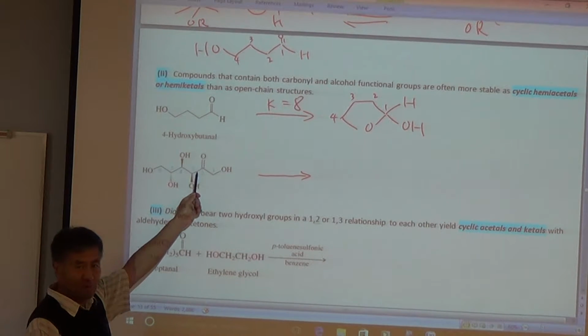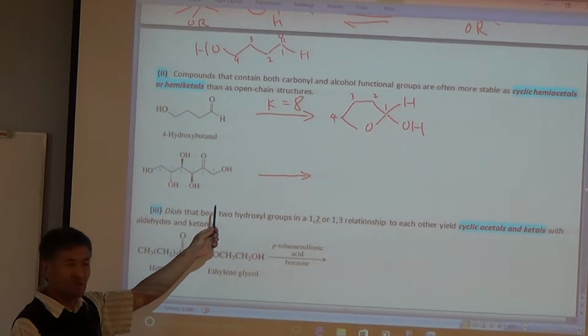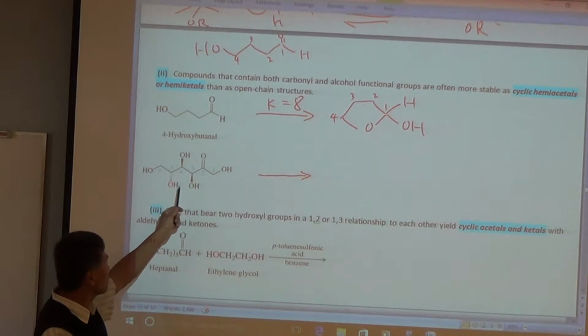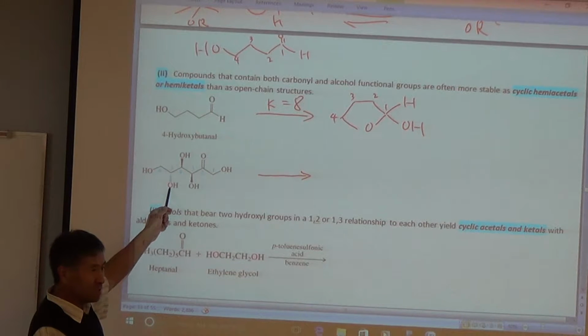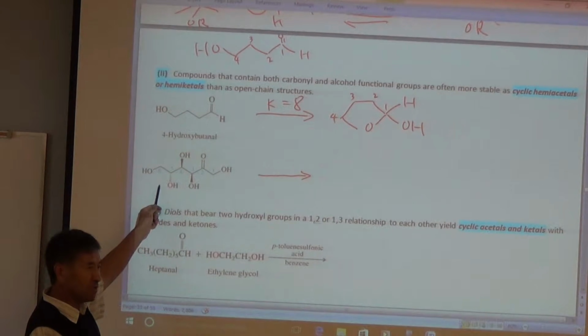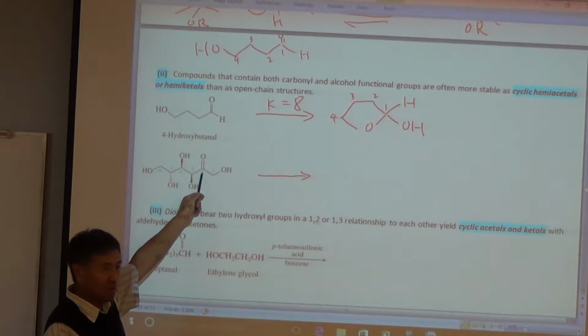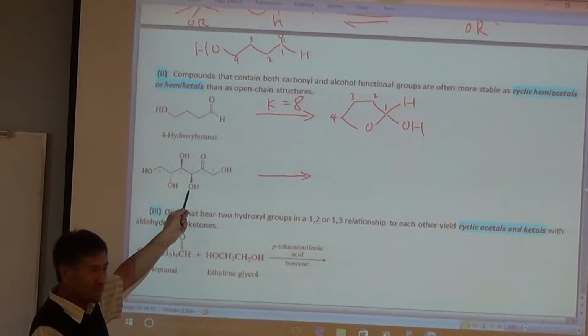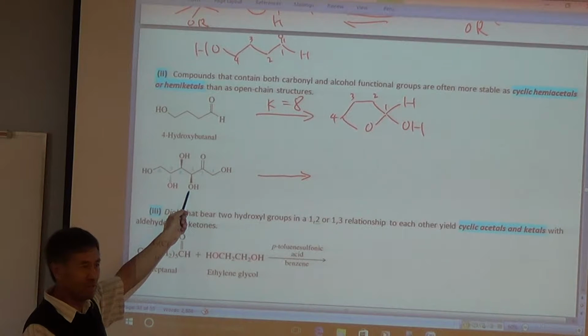The first atom in the ring is the carbonyl carbon. One of those oxygens in the hydroxyl will be the nucleophile attacking your carbonyl carbon. So 1, 2, 3. If you use the oxygen from this hydroxyl, you only produce a 3-member ring, right?